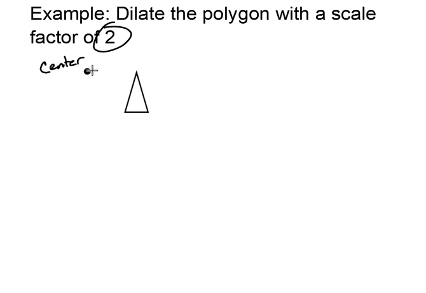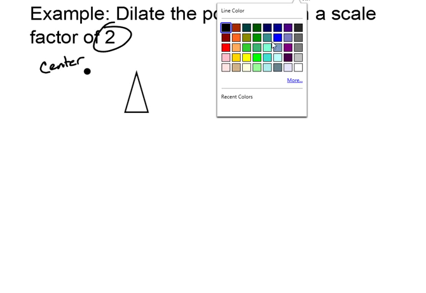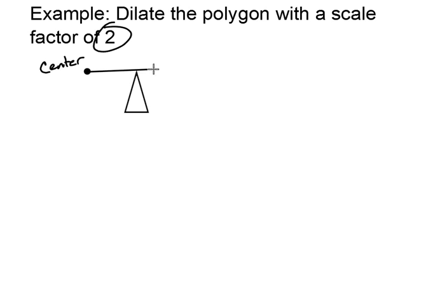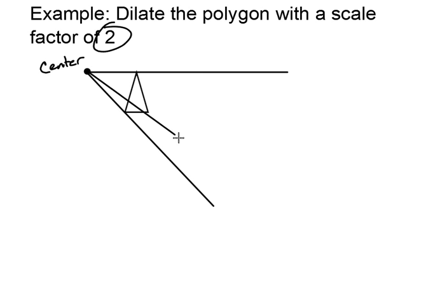The first step is to draw lines extending from the point of dilation and touching each of the vertices of my shape. So you see, each one goes through what you guys would call the corners of the shape, the vertexes of the shape, the points or the angles.